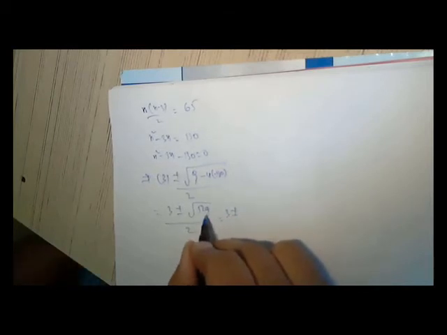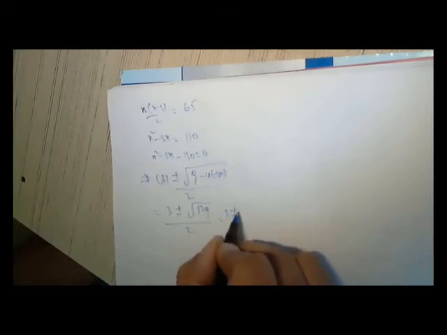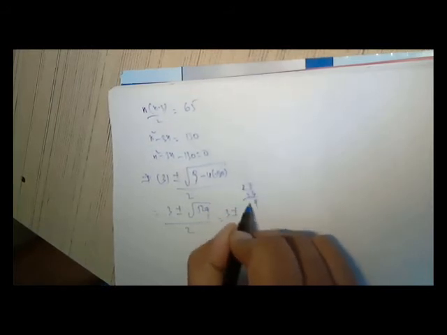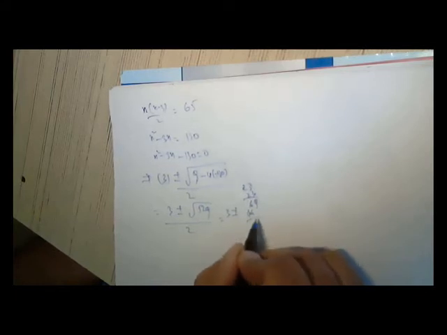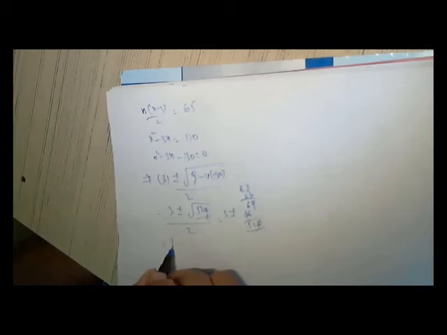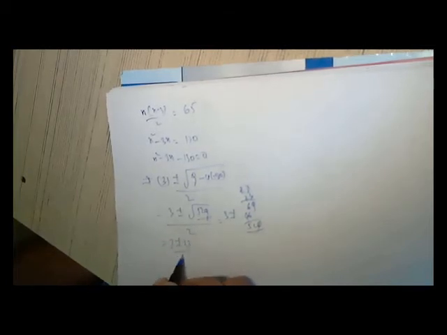What is the root of 529? It is 23. So 3 plus or minus 23 by 2.